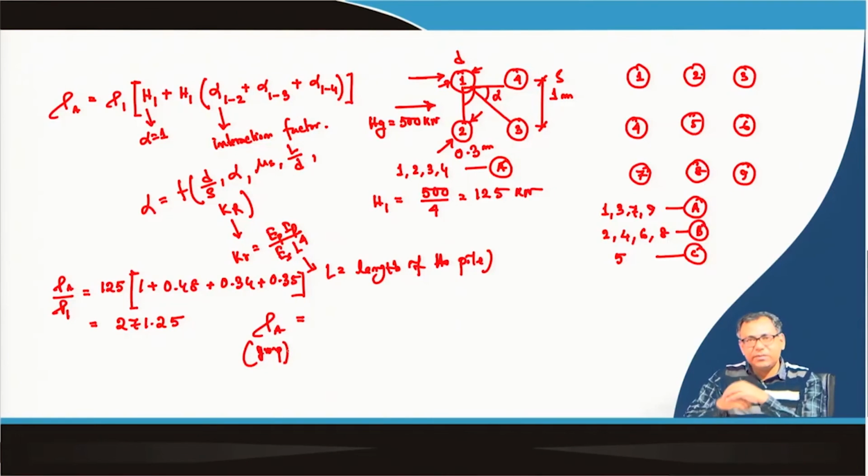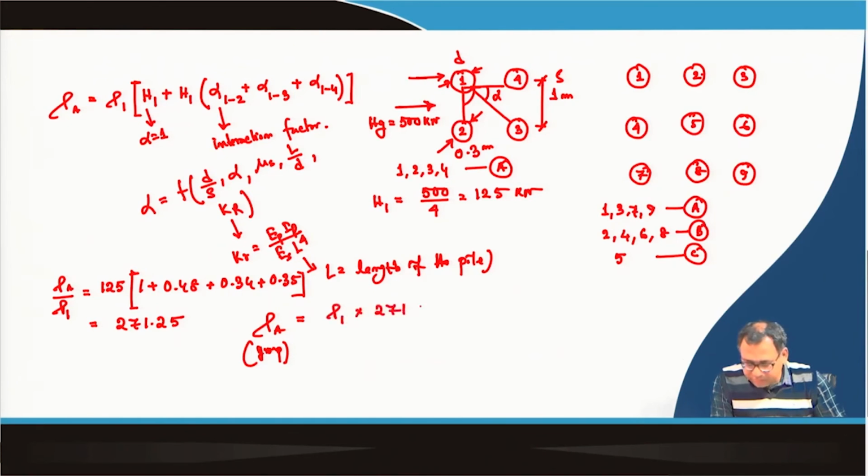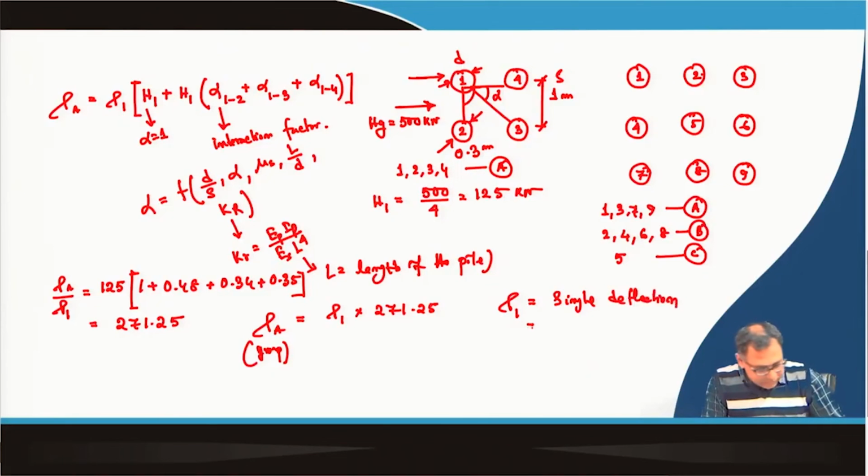So, rho A will be for the group, because if it is a rigid pile cap, then we will assume that all the piles will deform by the same amount if the piles are with a rigid cap. So, this will be rho 1 into 271.25. Rho 1 is basically the single pile deflection, and that is given as 0.032 millimeter per kilonewton.